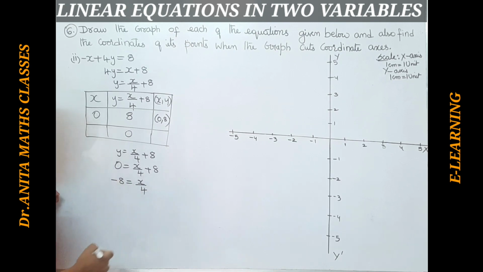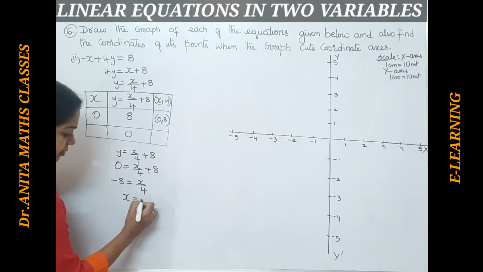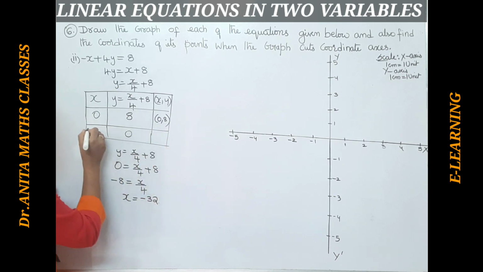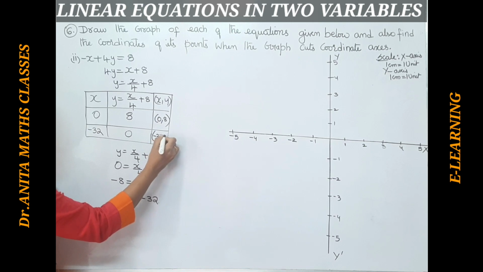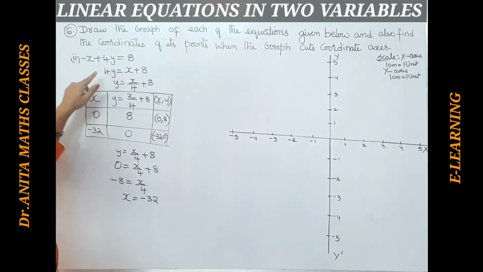If you multiply, x is equal to minus 32 we get. So we got minus 32 comma 0 here. So there is a correction here.